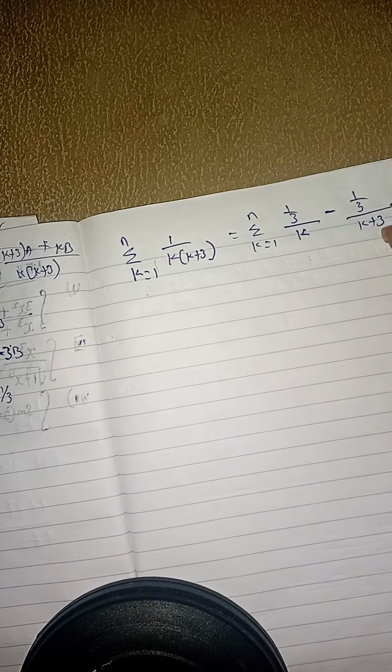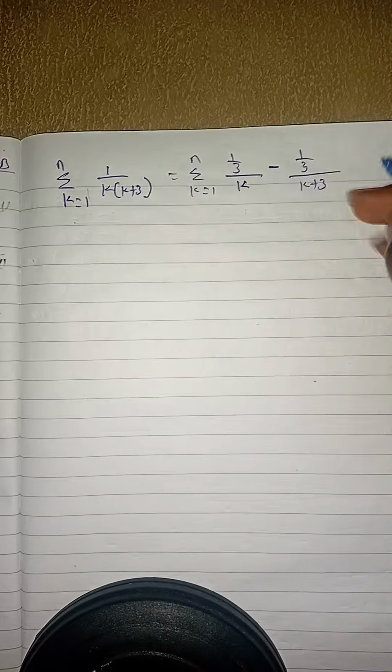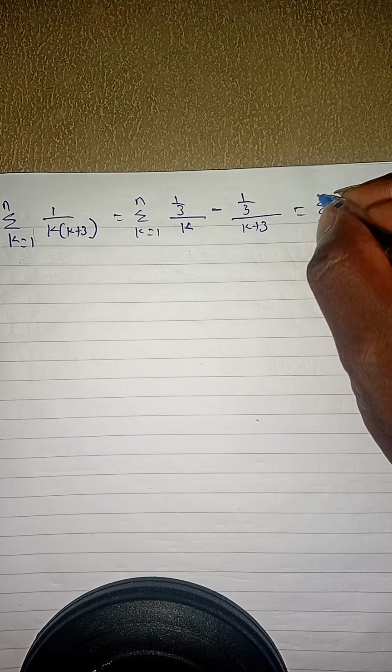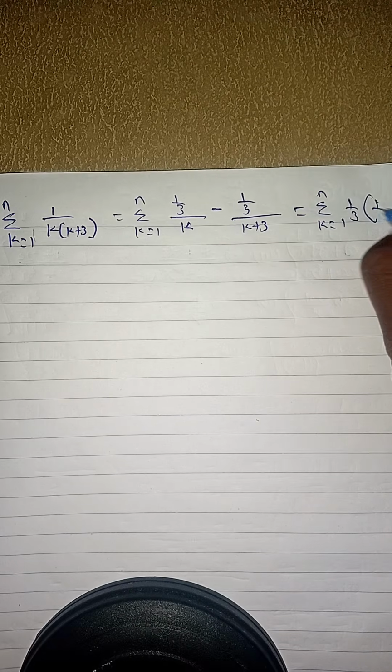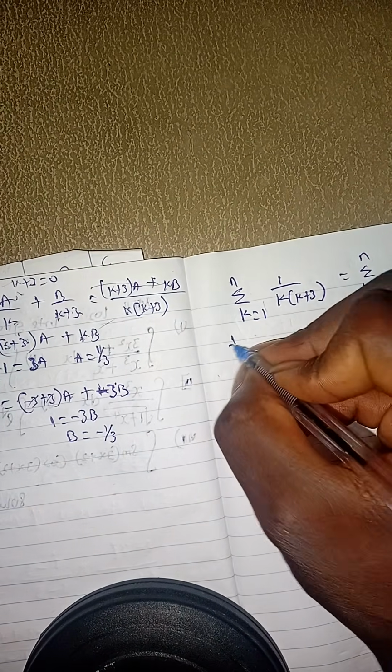So what is common to both sides? We have summation as k tends from 1 to n of 1 over 3 into 1 over k minus 1 over k plus 3. Are we together? So now you can extract the 1 over 3.